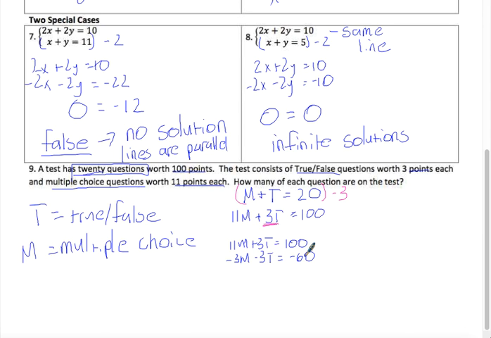So when we add the two together, we get 8m equals 40. And divide by 8, m equals 5.